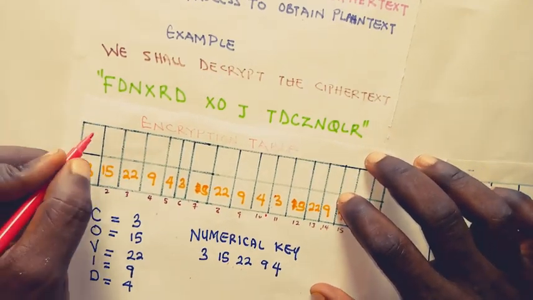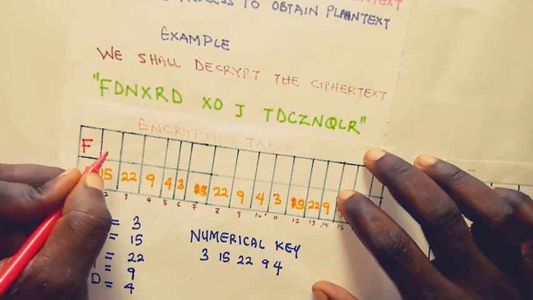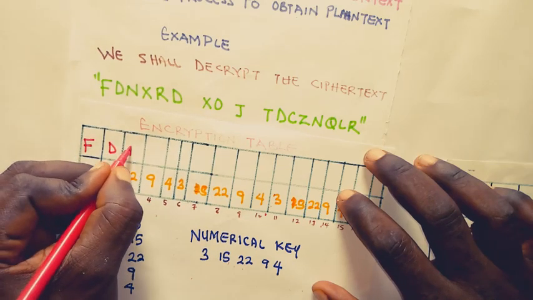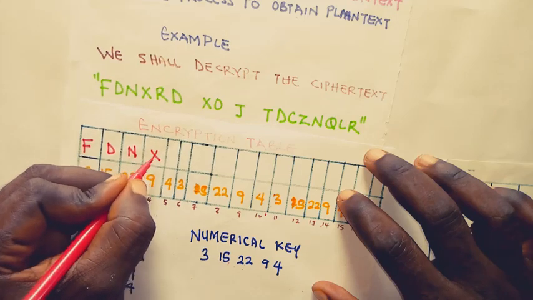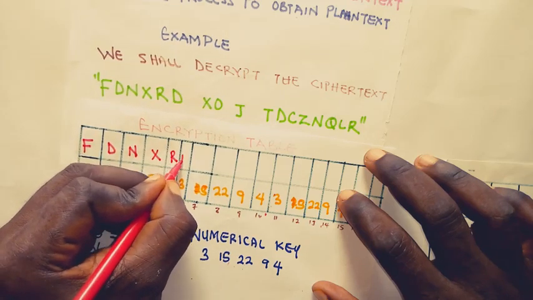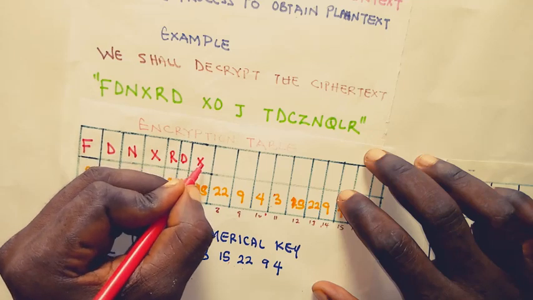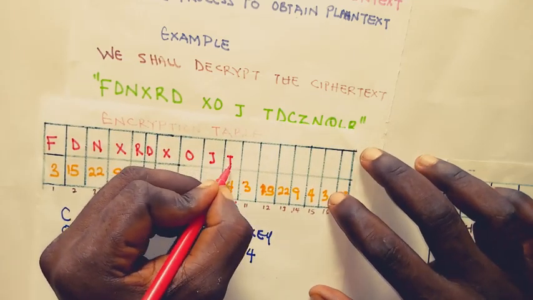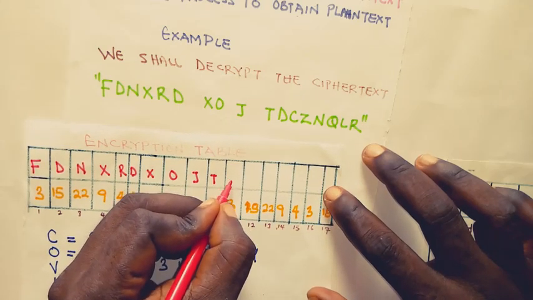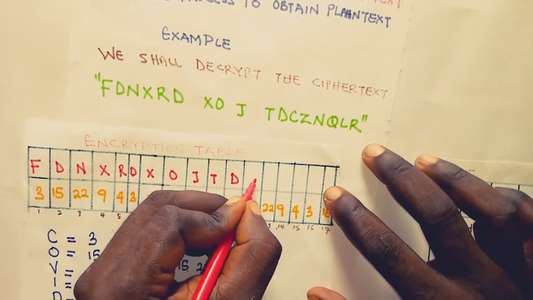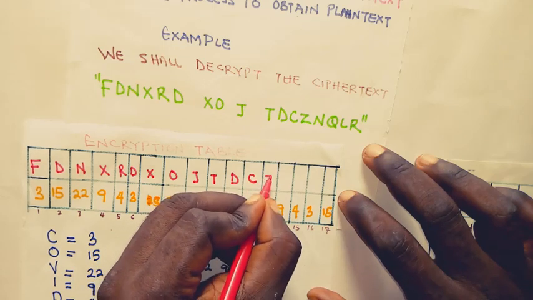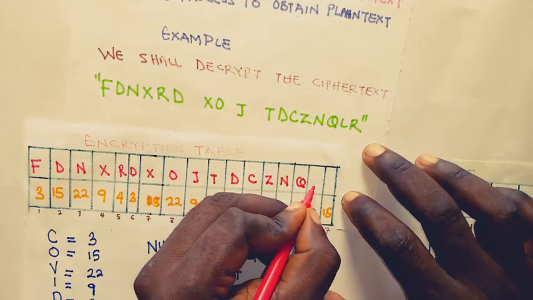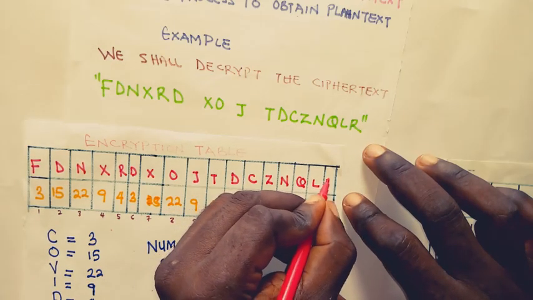So I have F, D, N, X, R, D, X, O, J, T, D, C, Z, N, Q, L, R.